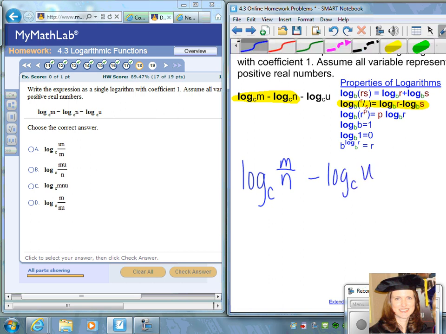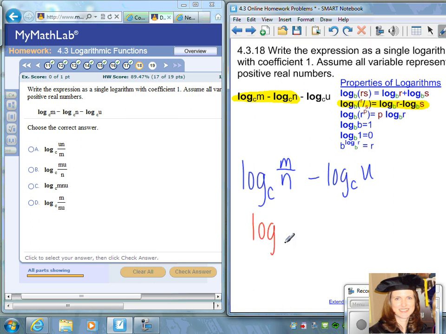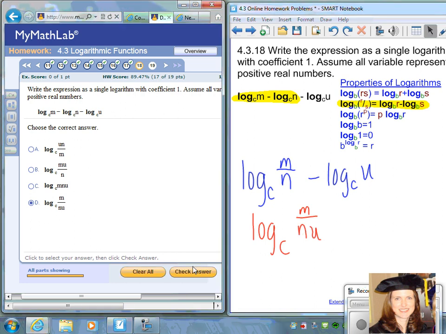Now using that same property, it's all this minus all this, we're going to condense that as well to get log base c. If you have m over n and you're dividing by u, we can write that u in the denominator. So this would be our final answer, log base c of m divided by nu.